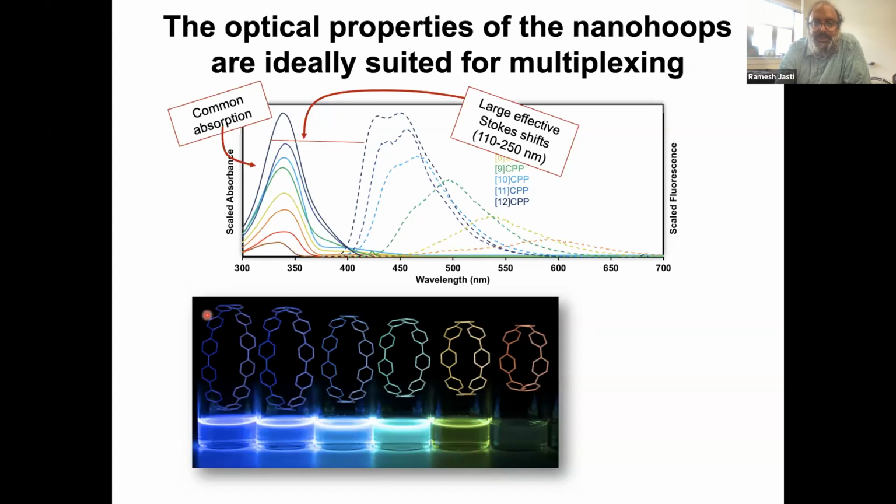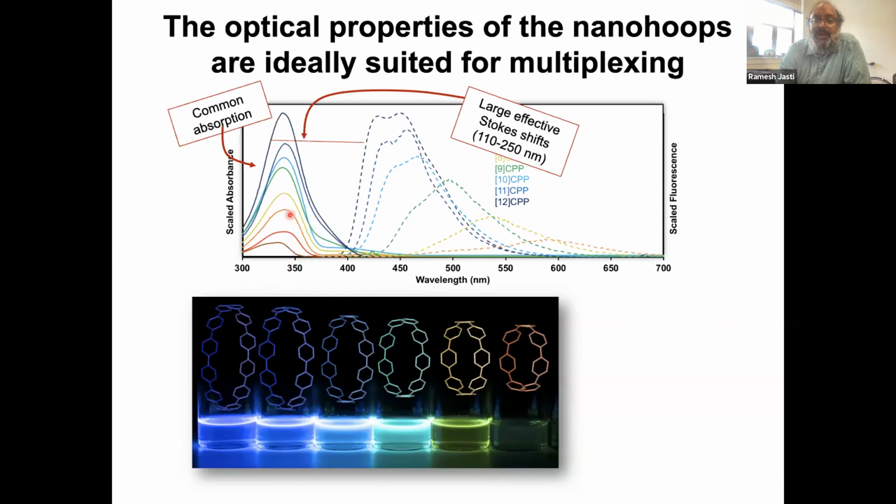And so what happens is this major absorbance here, that's usually around 340 or closer to 345 nanometers, is actually a combination of, say, the HOMO to LUMO plus one or things like that. And so those transitions are basically identical for the different nanohoop sizes.